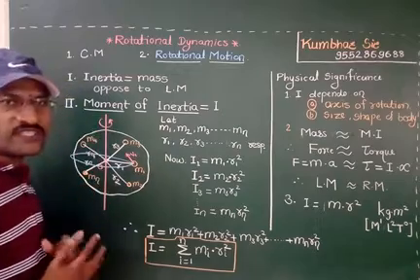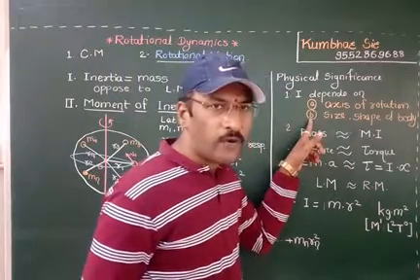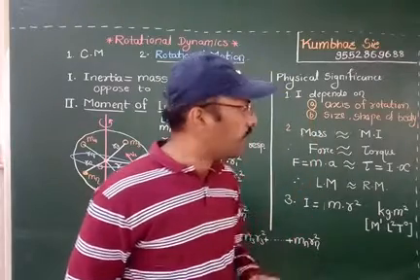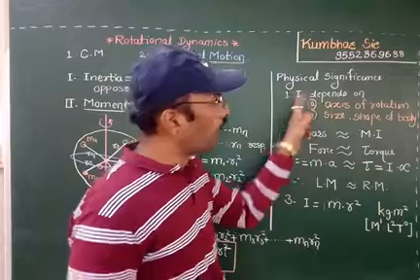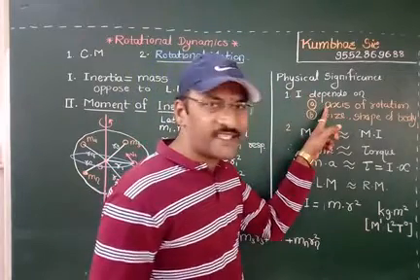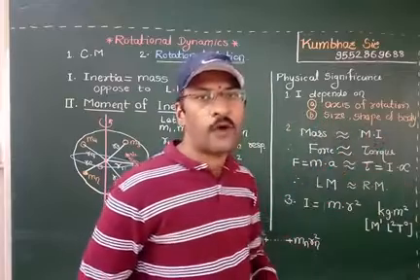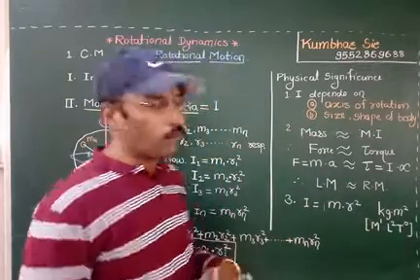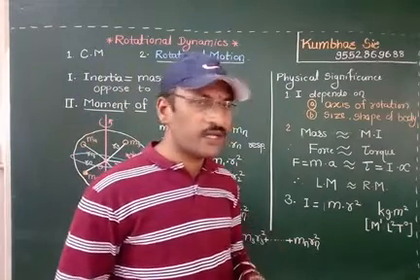Second, the moment of inertia depends on the size, shape and mass of the body. I repeat again, moment of inertia always depends on the axis of rotation and the size, shape and mass of the body.